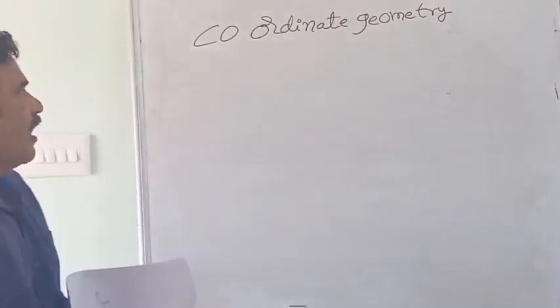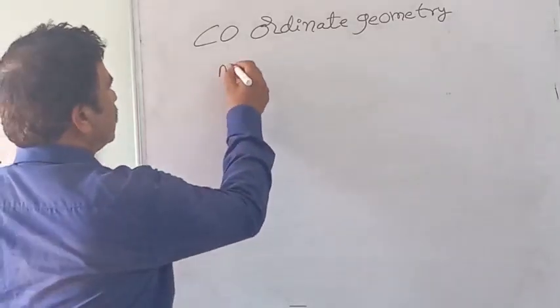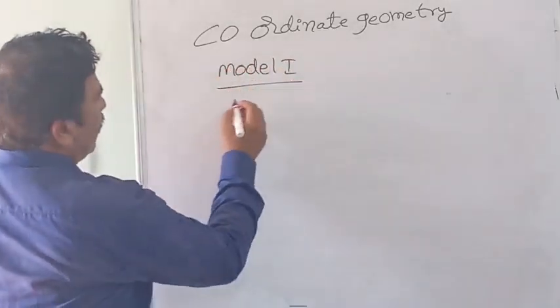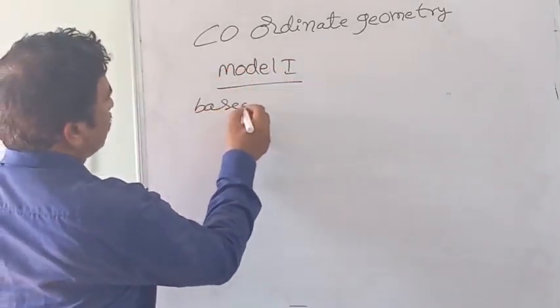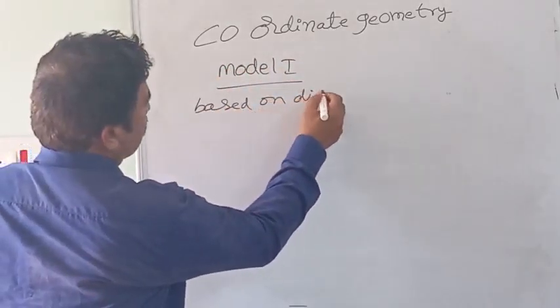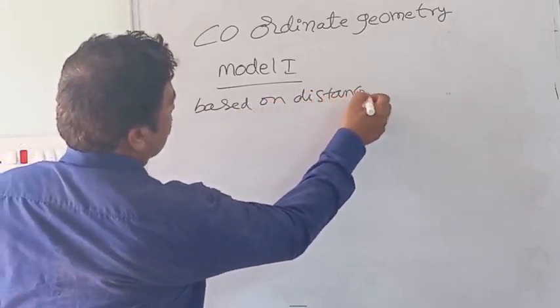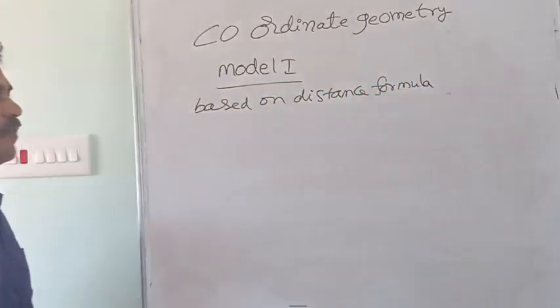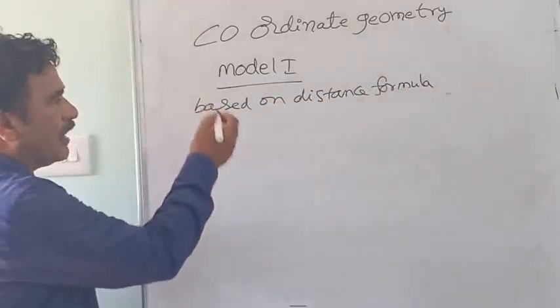The first model is model 1, based on distance formula. Based on distance formula means we must use it in all these problems.